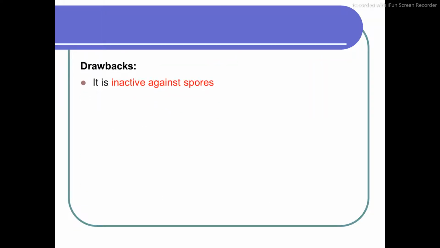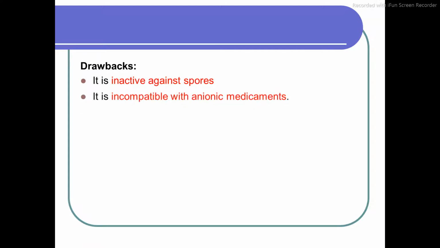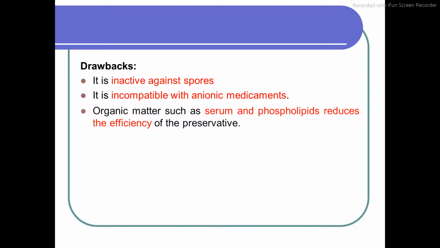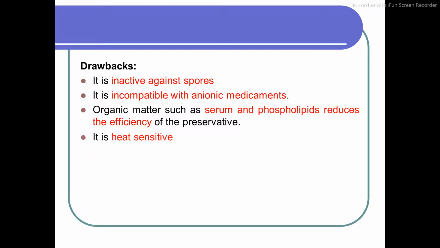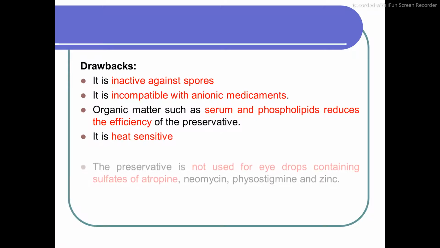The drawbacks of chlorhexidine: it is inactive against spores, and it is incompatible with anionic medicaments. Organic matter such as serum and phospholipids reduces the efficiency of the preservative. It is heat sensitive, so we cannot sterilize this type of preparation by autoclaving or hot air oven.